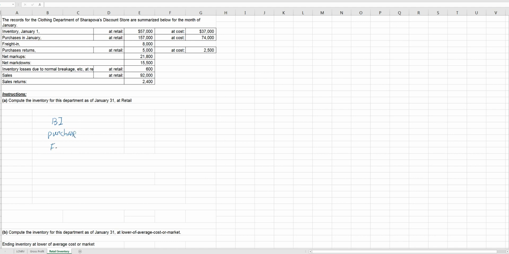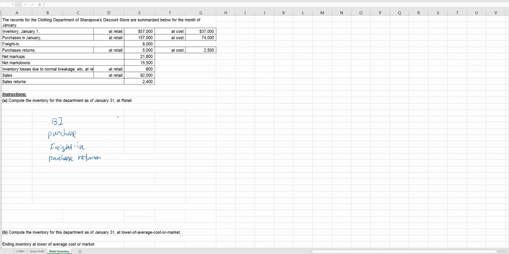We also have the transportation cost, freight in. And also we have the purchase return, which will be reduced.